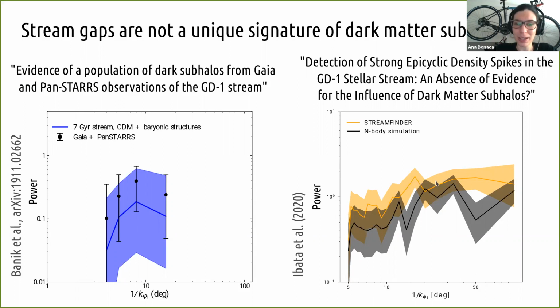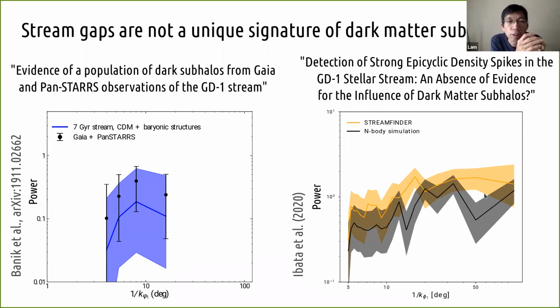You can see that there is some amount of clumpiness that they measure in the stream, but what they find is that if they produce a more realistic simulation, like an N-body simulation that takes into account the variations in density expected from the way stars leave the cluster, you can get similar amounts of density variations. So the title of this paper was Detection of Strong Epicyclic Density Spikes in the GD1 Stellar Stream: an absence of evidence for the influence of dark matter subhalos? with the question mark.